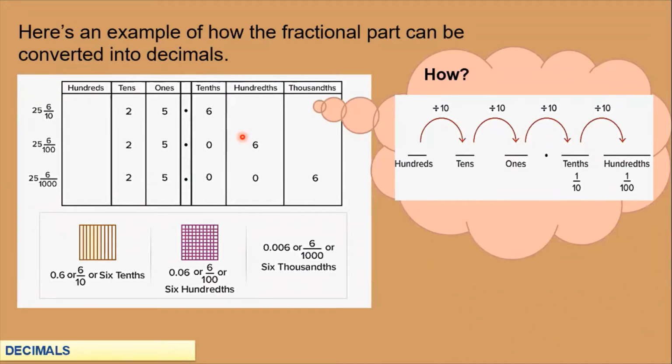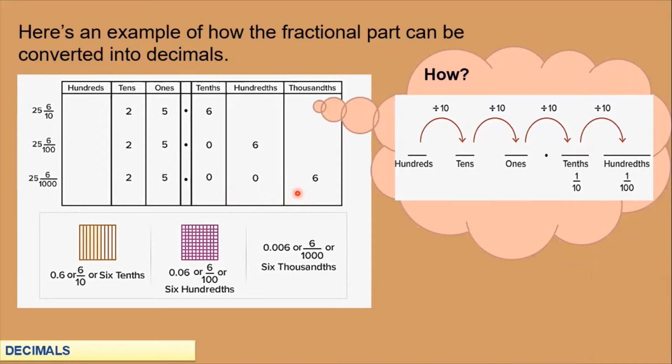Here's an example of how the fractional part can be converted into decimals. We have here the whole part, which is 25, and the decimal part is 6 over 10. In decimal, it is equivalent to 0.6. For the next one, 6 over 100, or in decimal, it is 0.06, and 6 over 1000 is 0.006 in decimal.